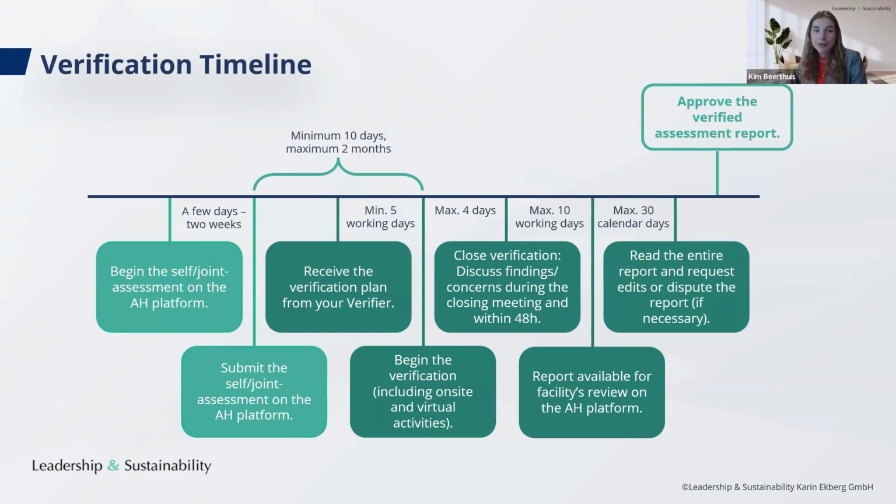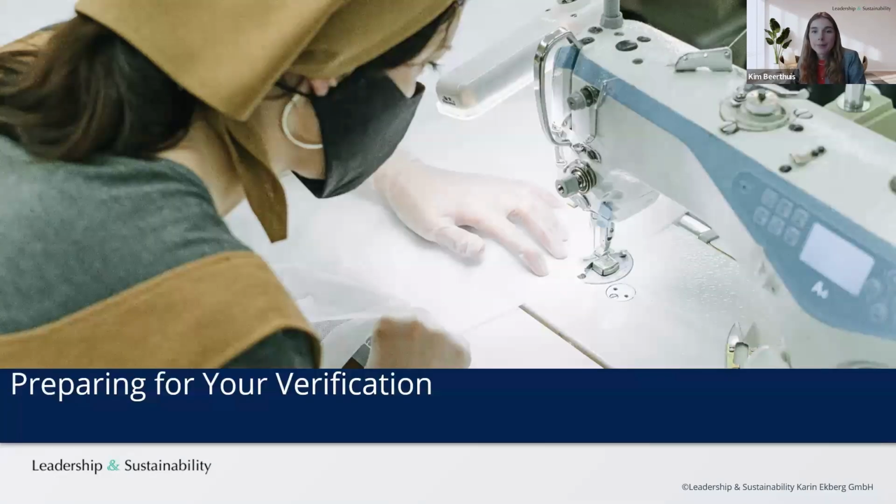And at most 4 days after the verification date, the verification will be closed and the findings and concerns are discussed during a closing meeting. 10 days after this closure, the verified report will then be available on the AH platform. The facility then has 30 days to review this report and to request edits or to disprove the report. And once the facility approved this report, then the verification is complete.